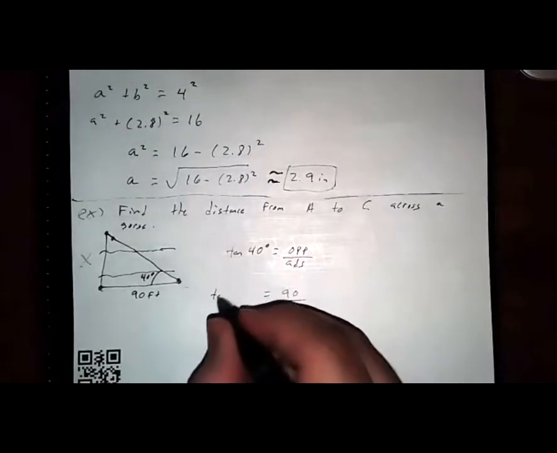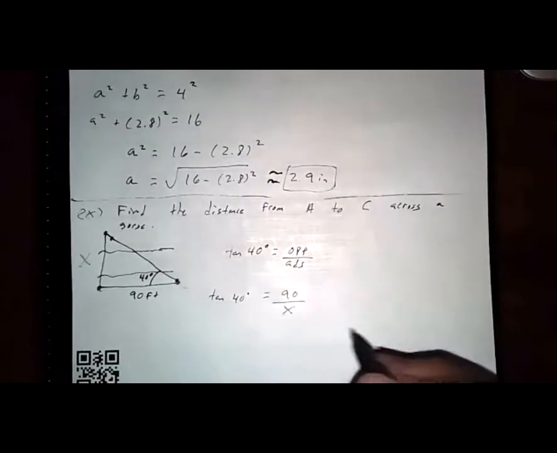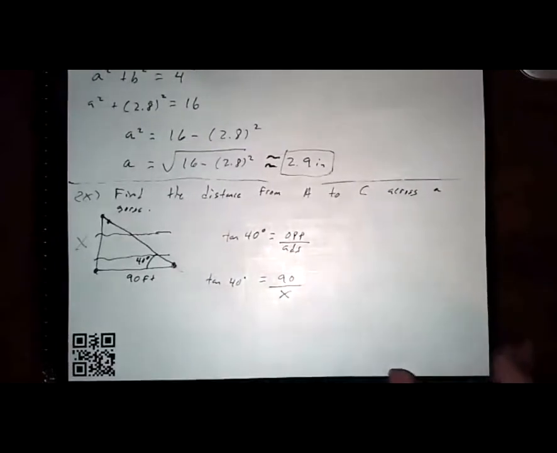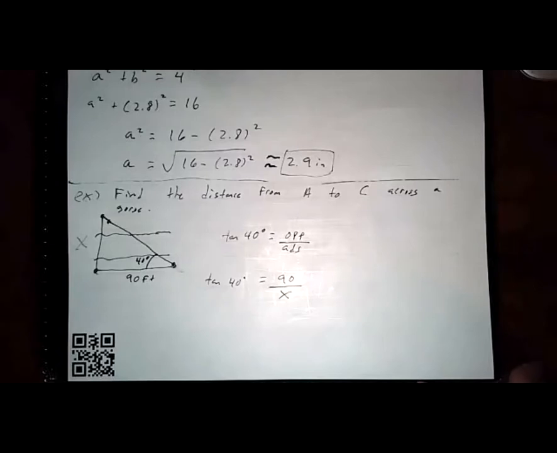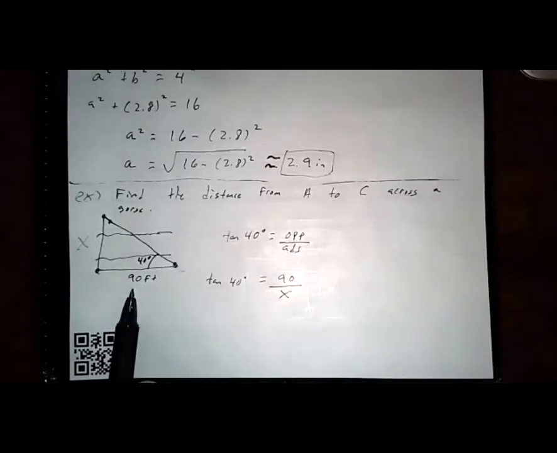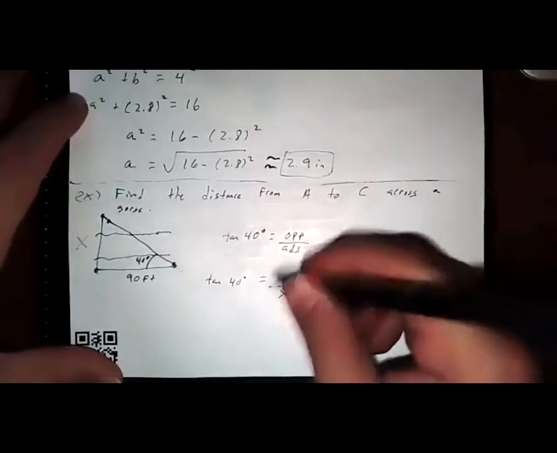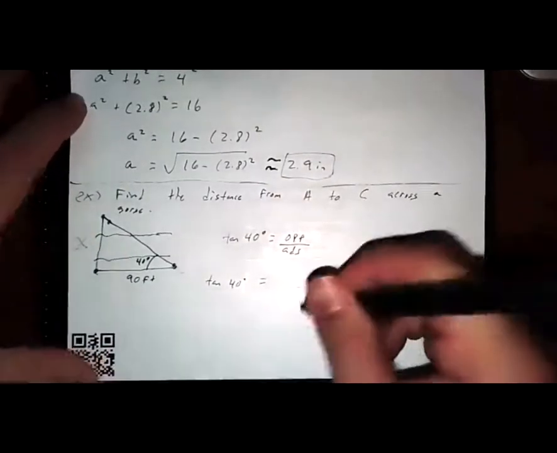So tangent of 40 is equal to 90 over x. So let's just solve for x and we're done. Wait, that's 90 over x, or... Yeah, this is 90. X over 90, right? Yeah, you're right. Sorry. I'm getting tired. Opposite is x.